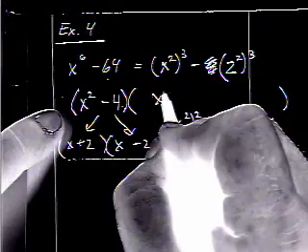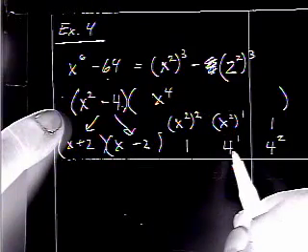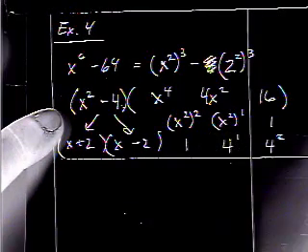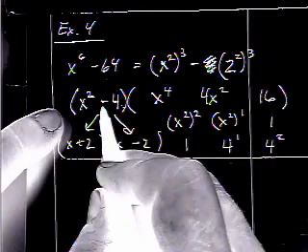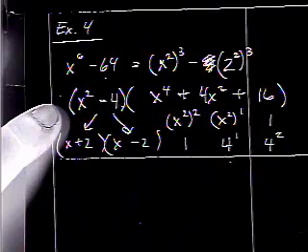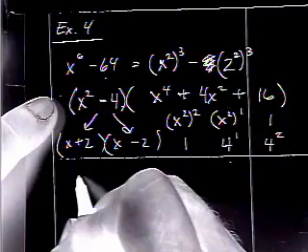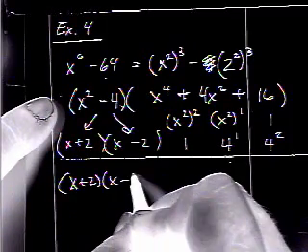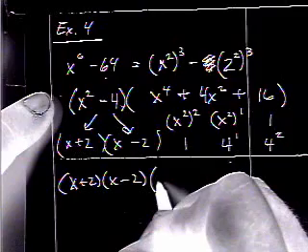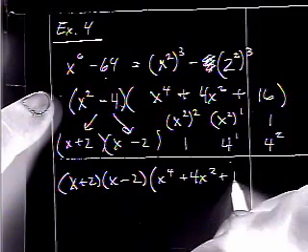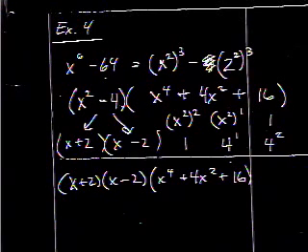X squared squared is x to the 4th, and 4x squared, and 16. And because that's a minus, all of these are addition. So my final answer is going to be x plus 2 and x minus 2, and x to the 4th plus 4x squared plus 16.